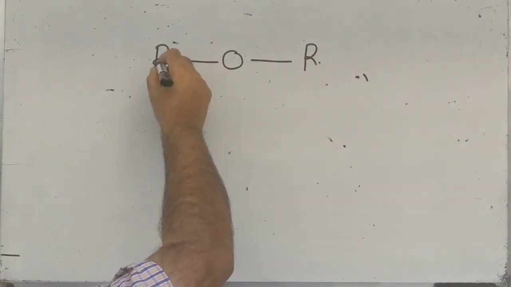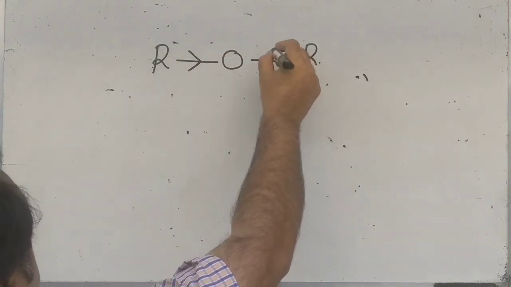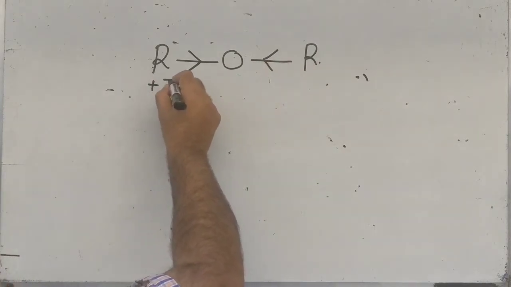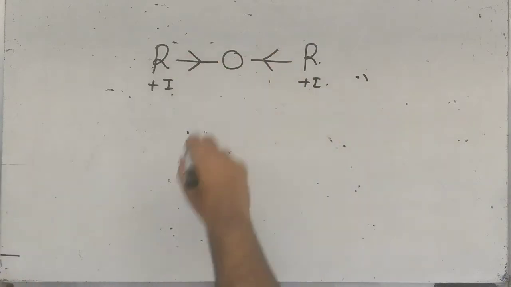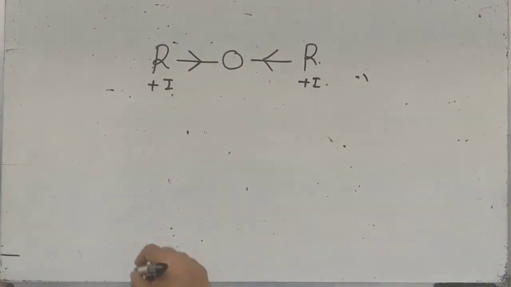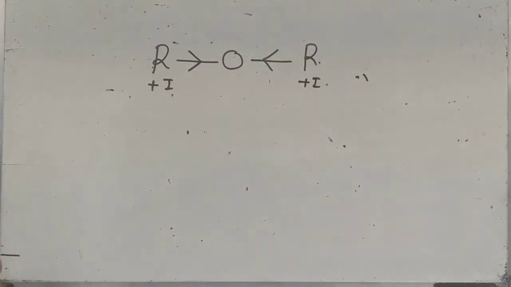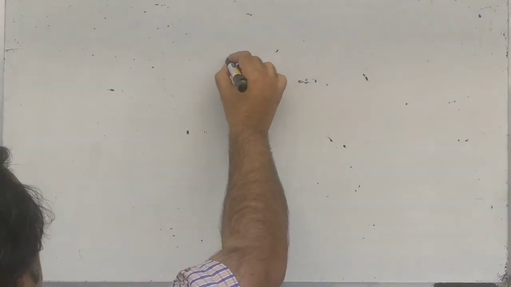Reason being, the R group pushes the electron like this, plus I effect. If ether was linear, these two vectors would cancel each other and it would be non-polar. But since ether is not linear, it is angular, you can see it's polar.